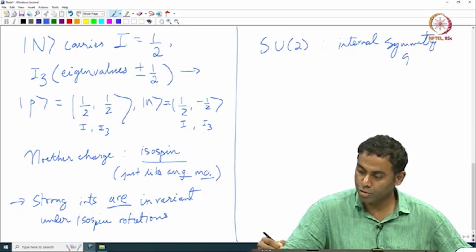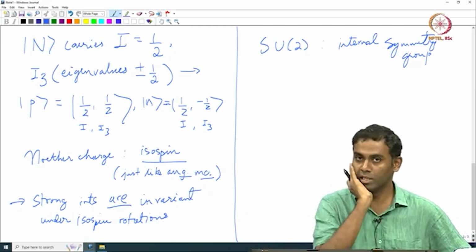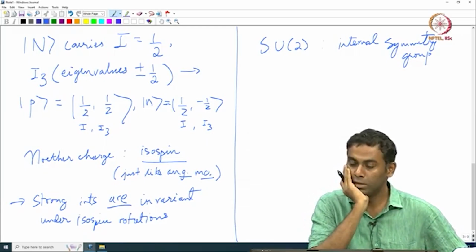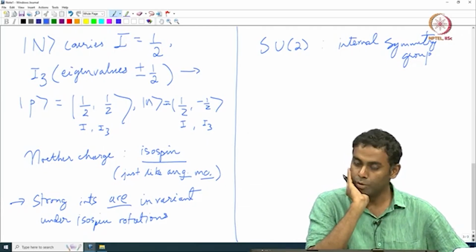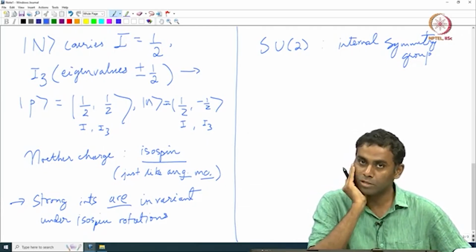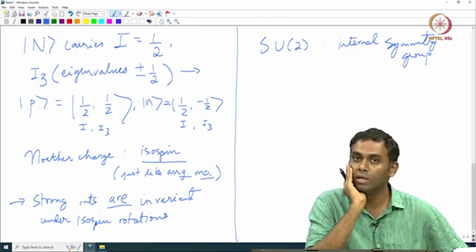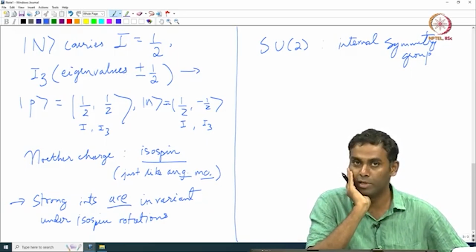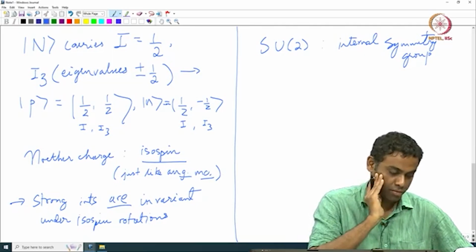See, we keep seeing SU2 again and again. We saw it in spin, we are seeing it in isospin, we will see it a few more times. We will see it for the weak interaction, we will see it when we split the Lorentz group and so on, because SU2 is a very simple group, one of the simplest unitary groups that you can write down, maybe the simplest, and it has a lot of interesting special properties, and nature seems to make use of it again and again in various settings.